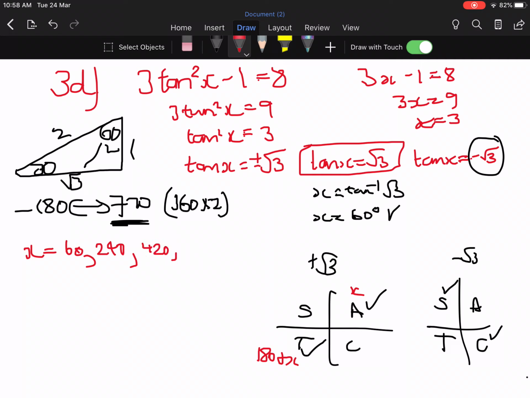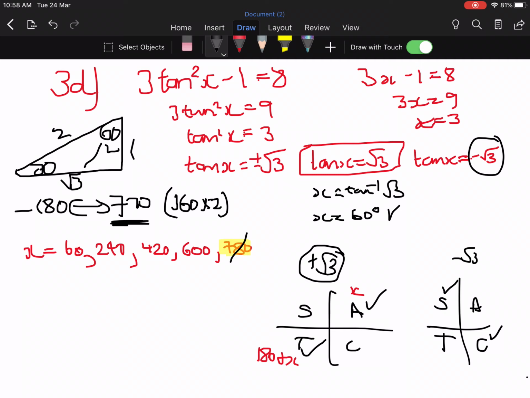Then 420 plus 180 is going to be 600. And then if I do 600 plus 180, I get 780. Now as you can see, 780 is outside the range, so I don't need that one. So these are all the positive values for when it's root 3.